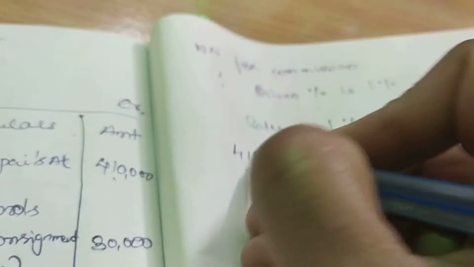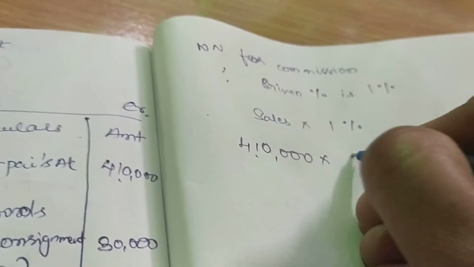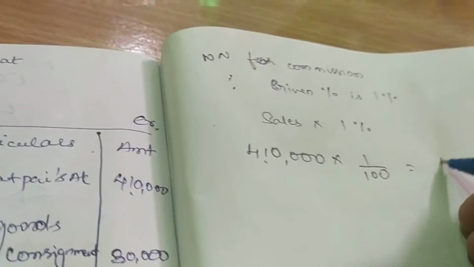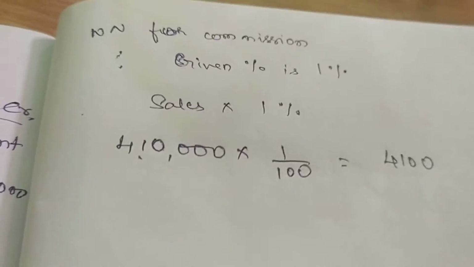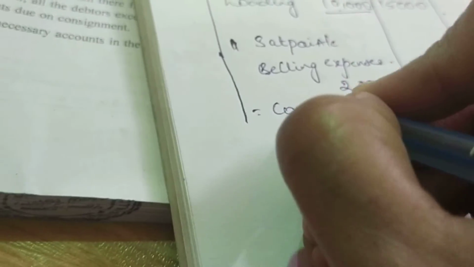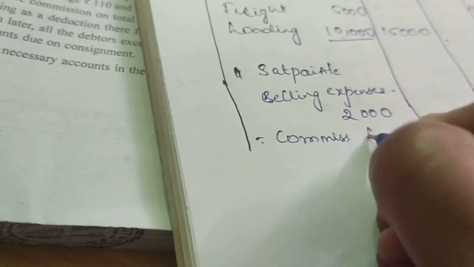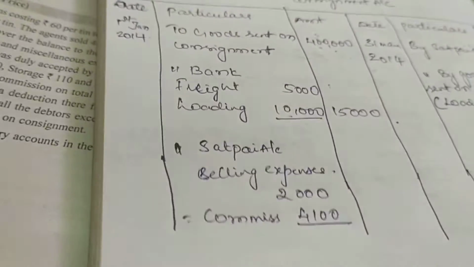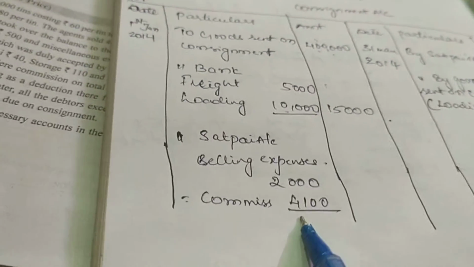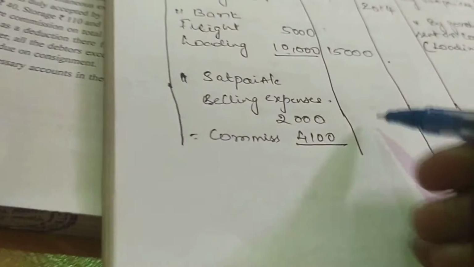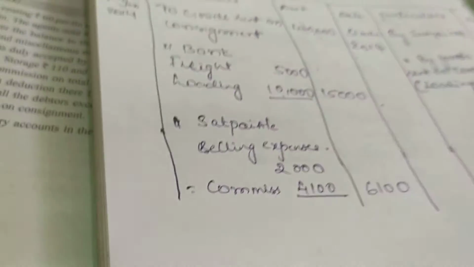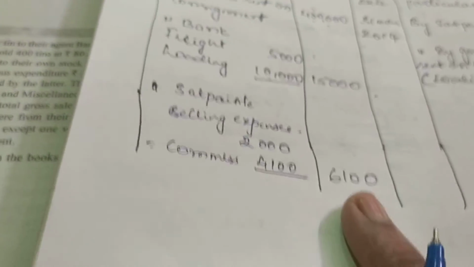So the sales amount is 4,10,000 into 1 by 100. That will come to 4,100. Understanding, students? This is the 1% amount. So now we are taking the commission 4,100. The selling expenses of 2,000 plus 4,100 amounts to 6,100. Understanding, students?